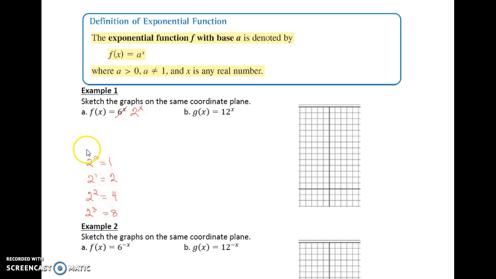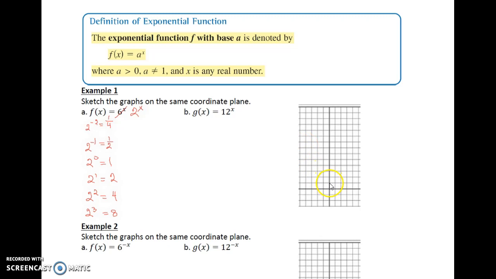What happens when you have negative exponents? 2 to the negative first power is equal to 1/2. If we did 2 to the negative 2 power, then we have the reciprocal of 2 squared, which is 1/4.